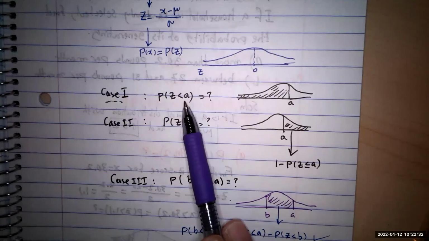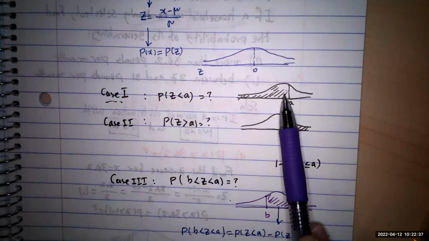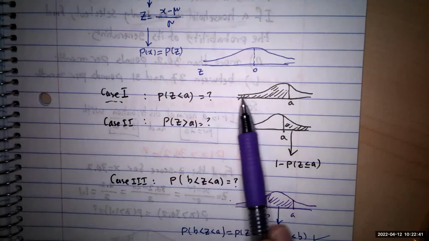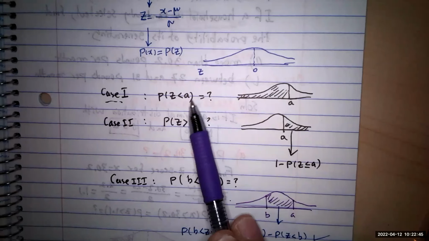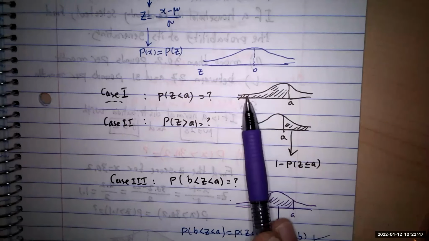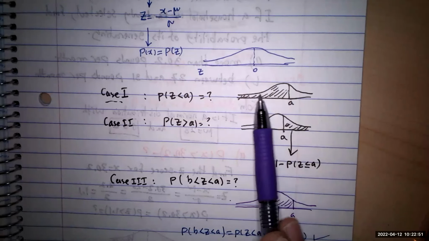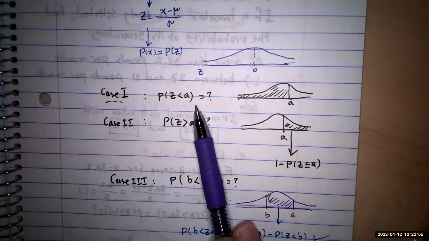Then your question would have three possibilities. First, the probability of at most, if you like, less than. We talked about how the area under the normal curve corresponds to the probability. So this is going to be your z curve. When it's a less than, you identify the number, and it's going to be the area to the left of z. If you find the area to the left and change it to a percent, that would be the probability that z is less than a.